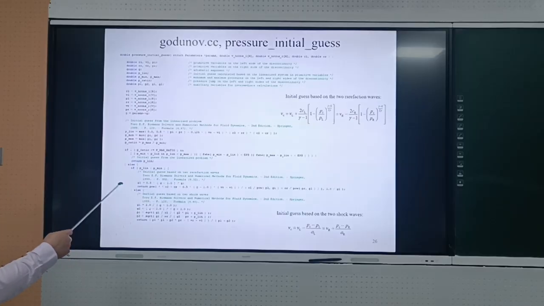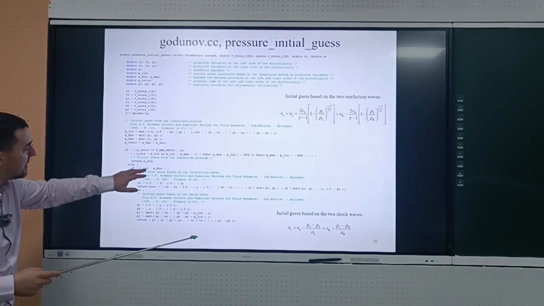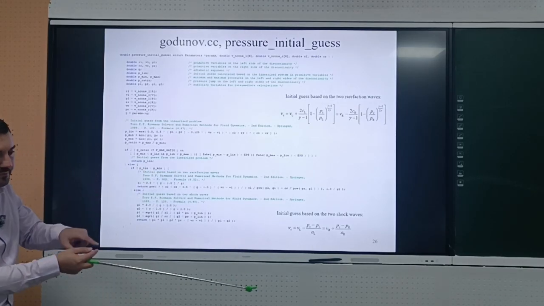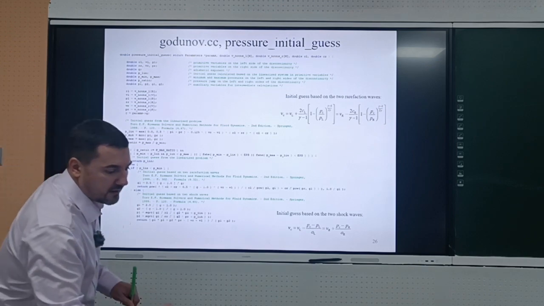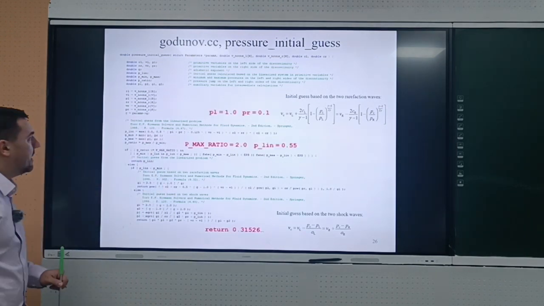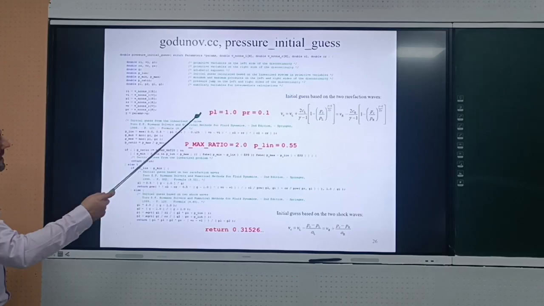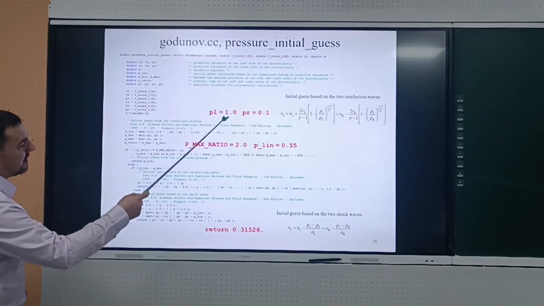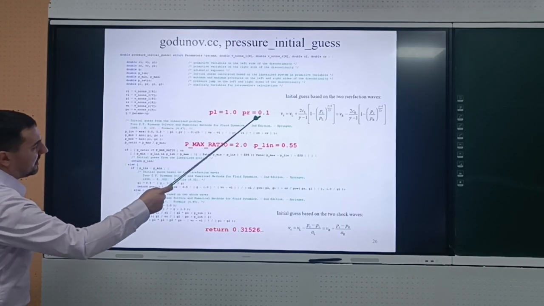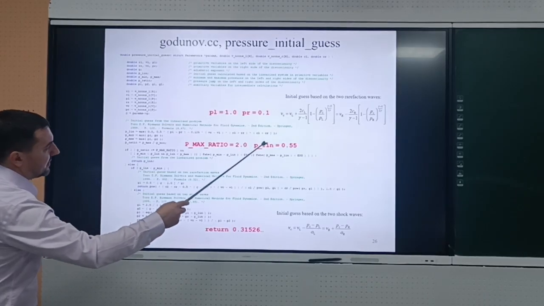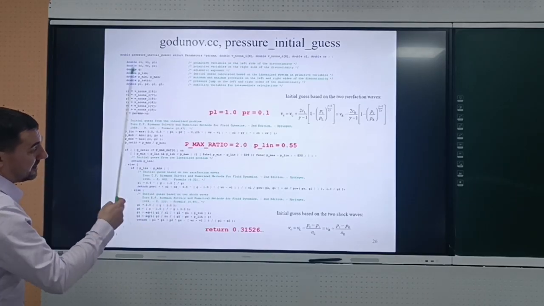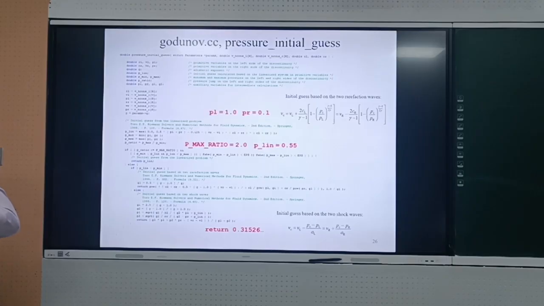Toro suggests using the initial guess based on two rarefaction waves if the linear approximation is less than the minimum of the two initial pressures. So for the case of the third test, we have PL equals 1 and PR equals 0.1, and the P linear is just in between, the average value between them.